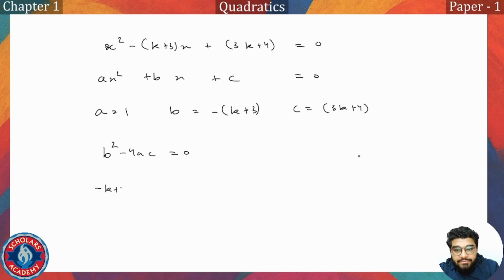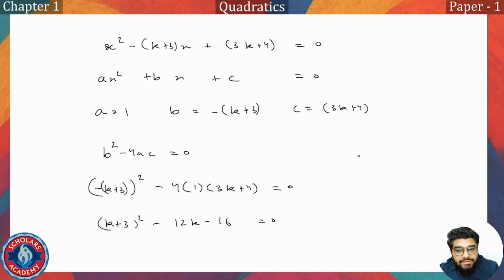So negative (k plus 3) whole square minus 4 times a, that is 1, and c, that is 3k plus 4, is equal to 0. So opening this whole square, (k plus 3) whole square minus 12k minus 16 is equal to 0.